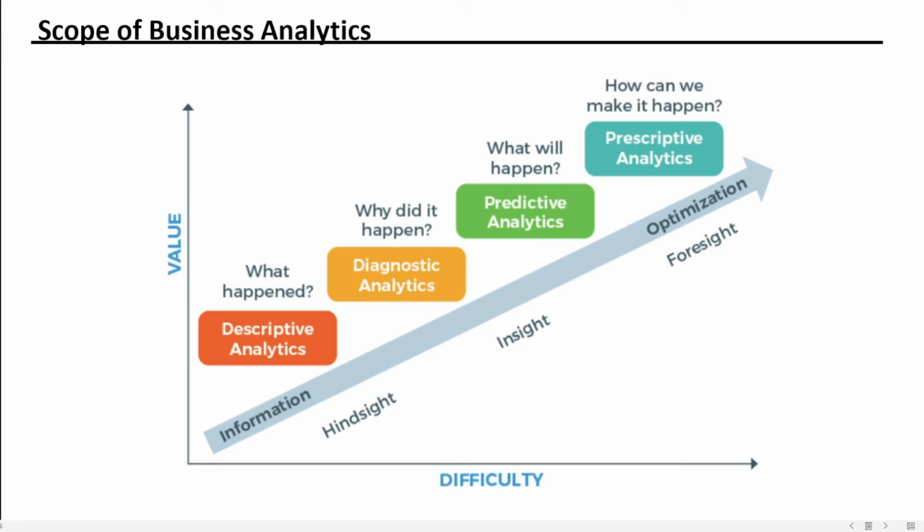Diagnostic analytics, its complexity is moderate. Its value is that it goes beyond mere observation to provide reasons for past performance. So that understanding can help businesses avoid past mistakes or replicate success. But again, its limitation is that it focuses on past data and doesn't provide future predictions.